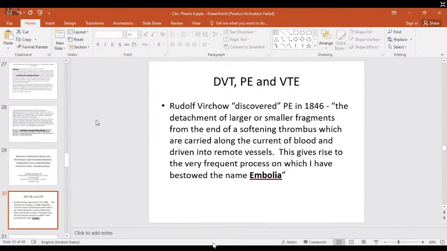So that's why it's called pulmonary embolism, because usually the thrombus from the deep veins of usually the lower legs dislodges and goes to first of all the inferior vena cava, right atrium, right ventricle, and then to the pulmonary artery, and causes this very serious condition.